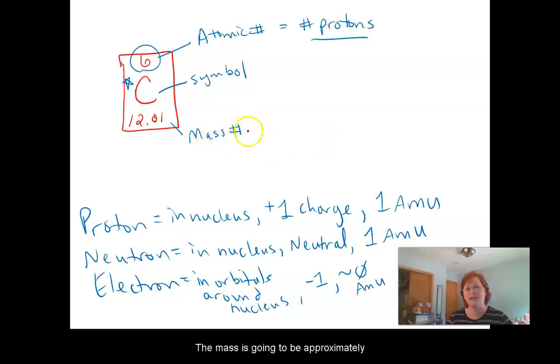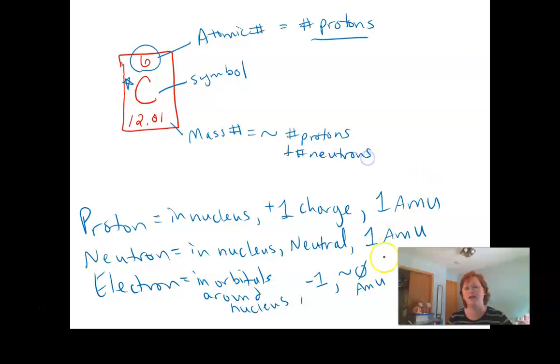The mass is going to be approximately the number of protons plus the number of neutrons. Because if you think about it, electrons don't have much mass, and each of these does.